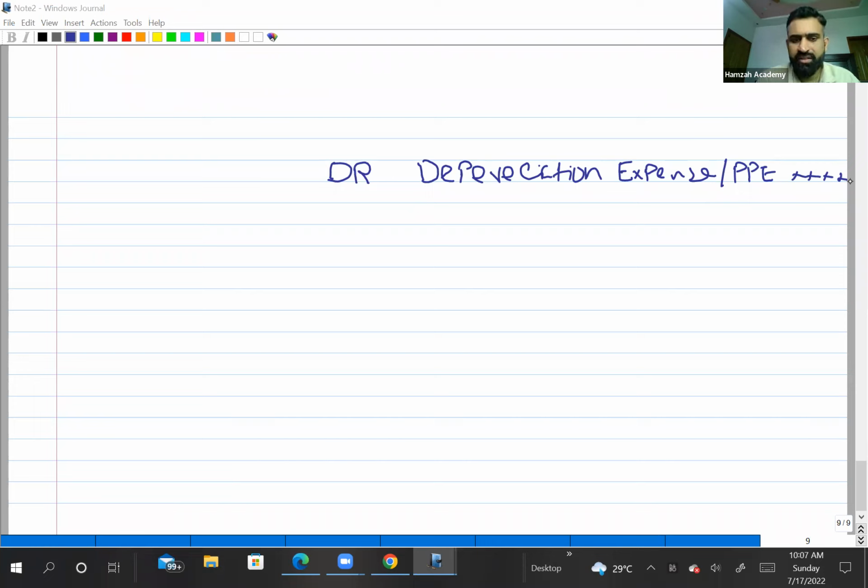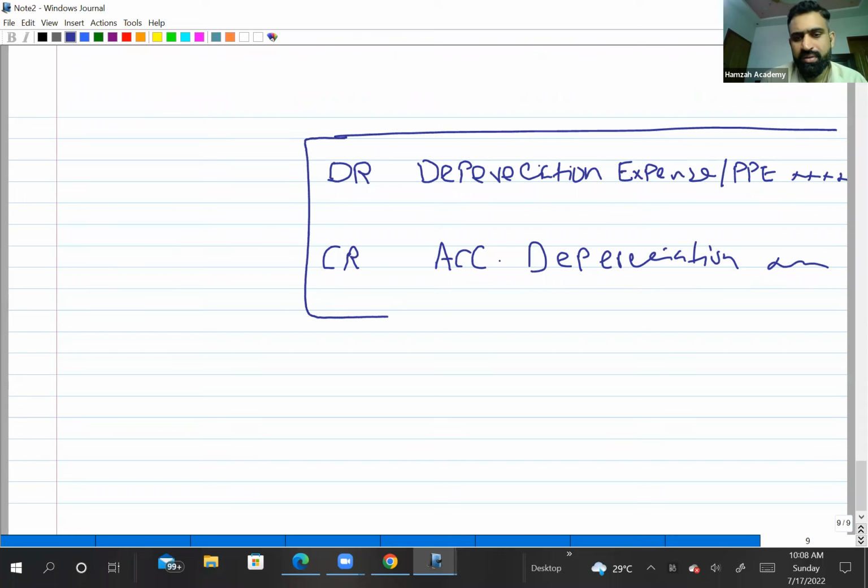Let's assume that we have used 1,000 hours in year 1. Depreciation expense or property, plant and equipment will be debited if that asset is used for the construction of an asset. And we will credit the accumulated depreciation account. This is the entry which we use to record the depreciation expense.